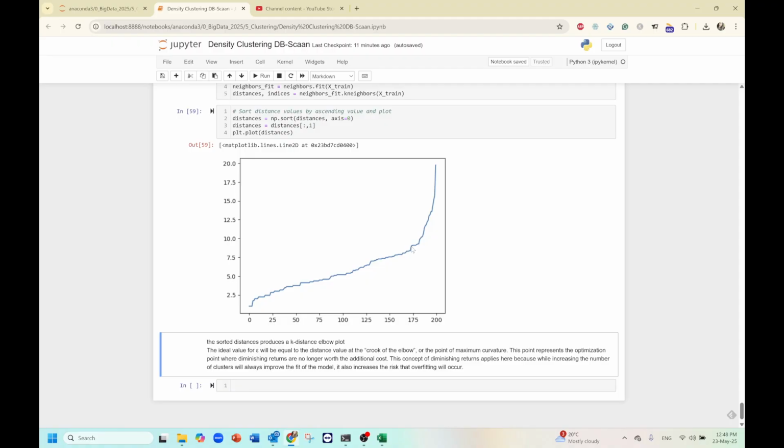The elbow is around this area. 17.5 may correspond to the highest silhouette, as we found earlier. But the elbow is right here, and this is why I started with the 7 a little bit here.